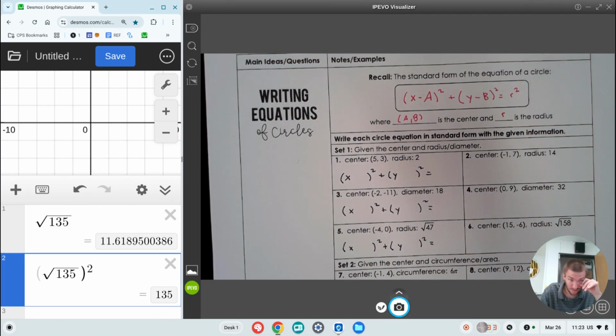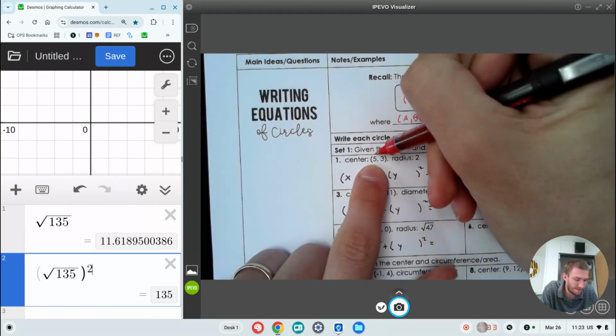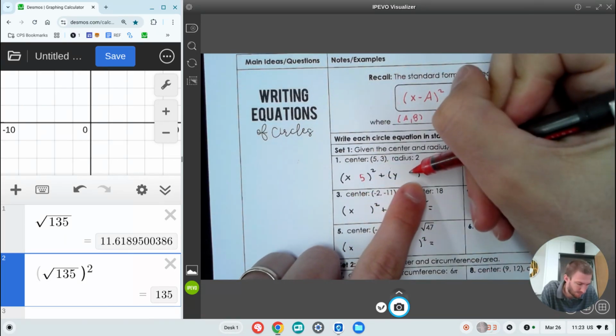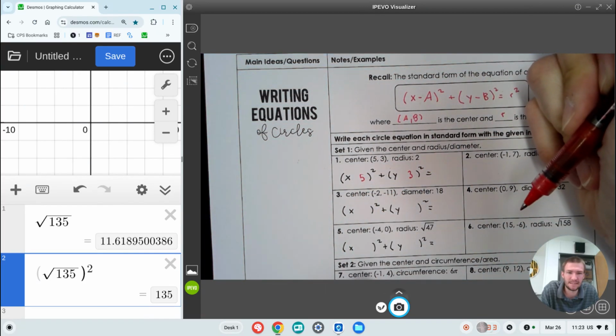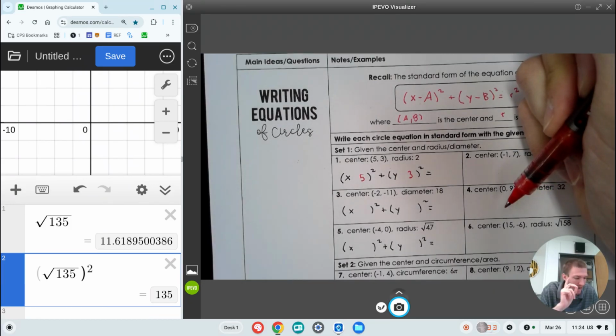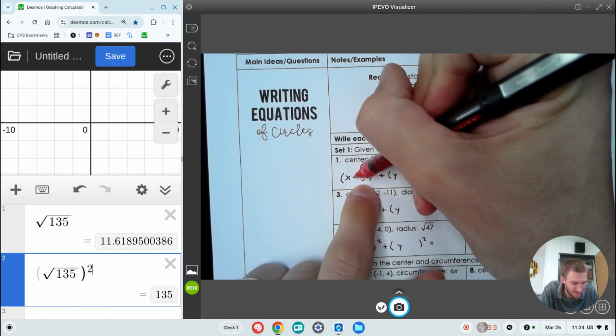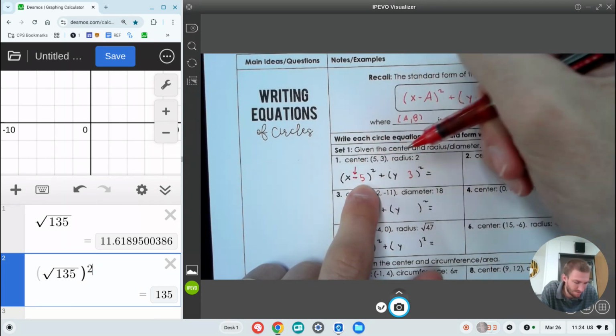Okay. From here, I just need to use this information. 5, -3 means that I need to put 5, -3 into my parentheses. And remember, opposites. So if it's a 5, it needs to be a negative 5.